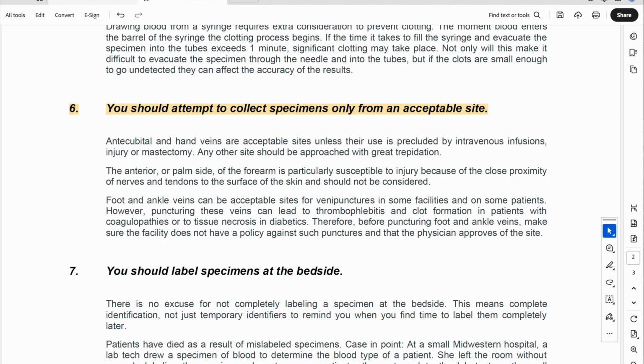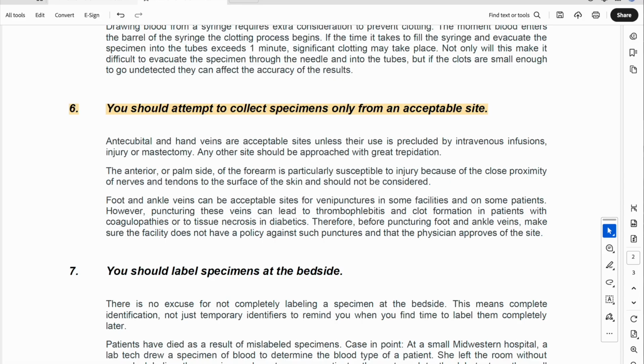Antecubital and hand veins are your primary acceptable sites, unless contraindicated by IV infusions, injury, or mastectomy. Avoid the anterior or palm side of the forearm entirely. This area has nerves and tendons very close to the skin surface, making injury highly likely. The risk to benefit ratio simply does not support using this site.